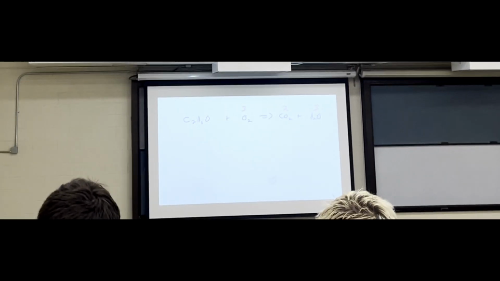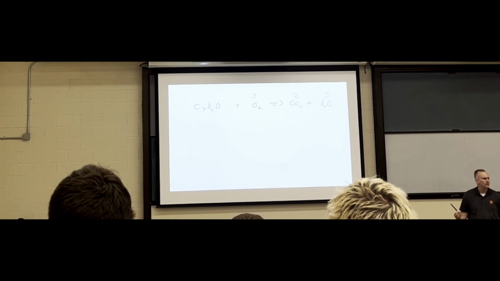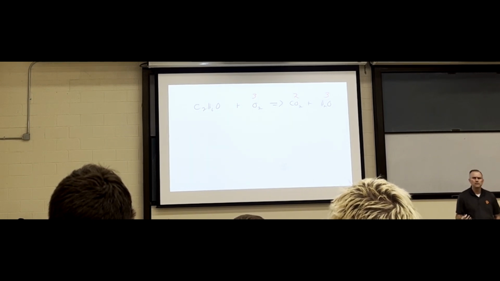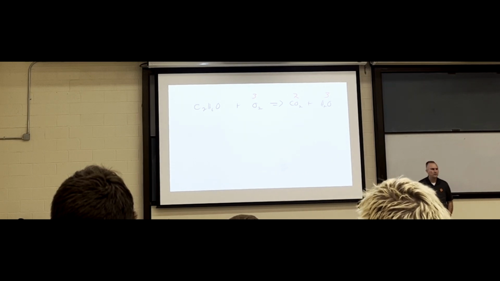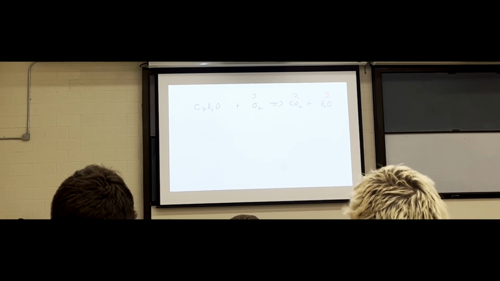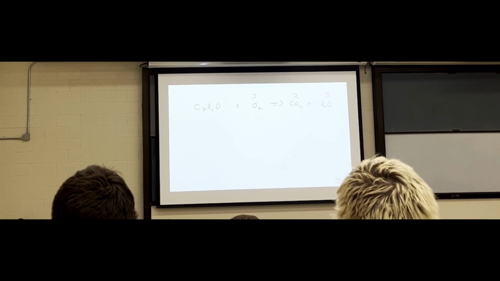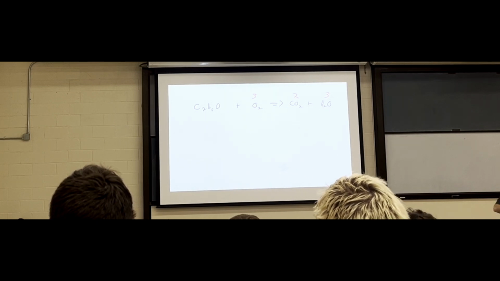That's not the fastest way. Why isn't that the fastest way of going about this one? What do I know about the airstream? It's 15 or 20 times the amount of moles, not of ethanol, but of ethanol and water mixed.